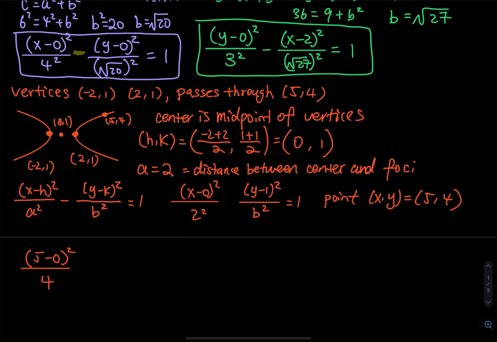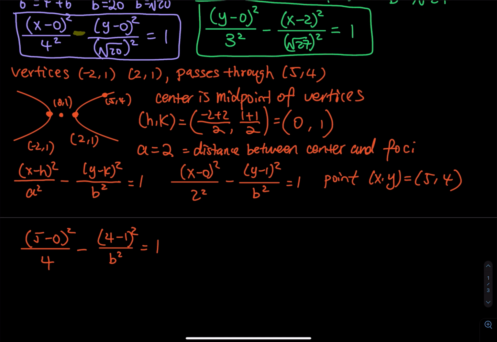It is a minus. And then y is equal to 4. You have 4 minus 1 squared divided by b squared. We don't know what b squared is. That is equal to 1. Then you have 25 over 4 minus 9 over b squared equal to 1.